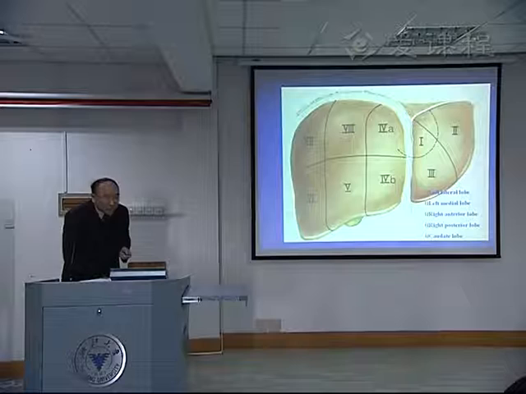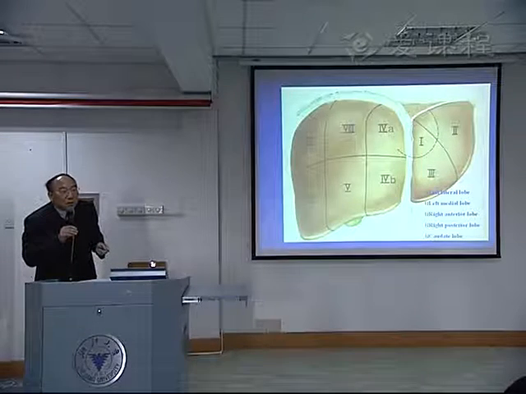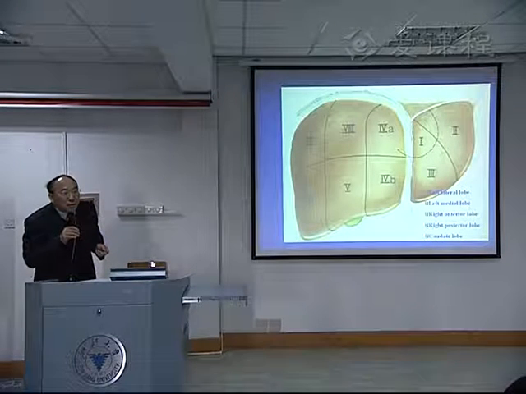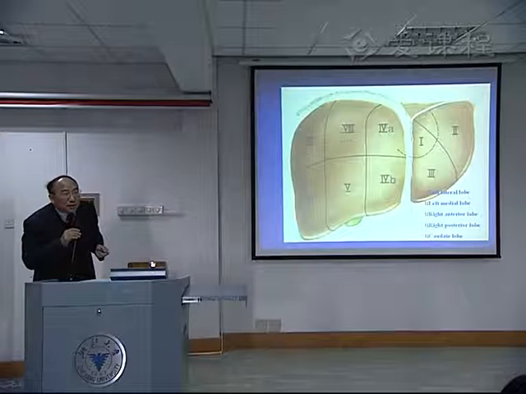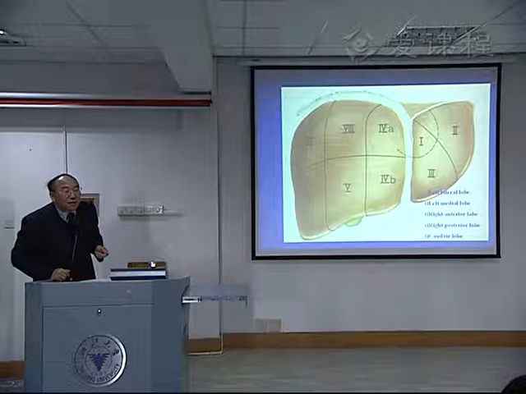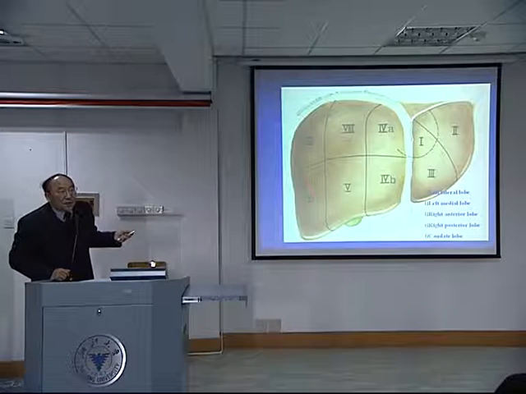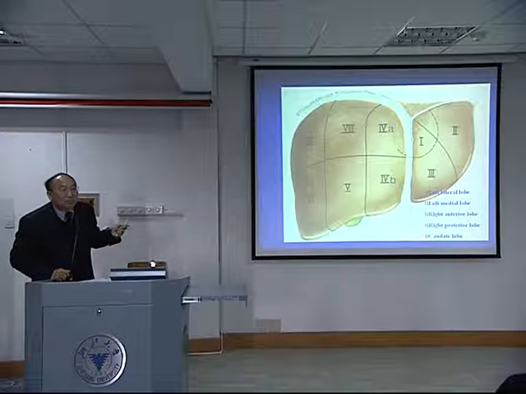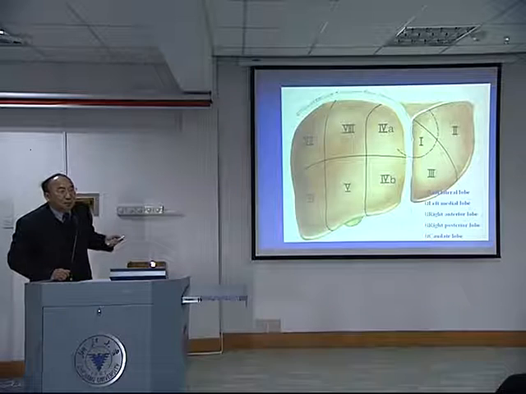Excuse me, Professor. What is the basis of segmentation? Why do we divide it into 8? On which basis do we divide it into 8 segments? It depends on the Glissonian system.